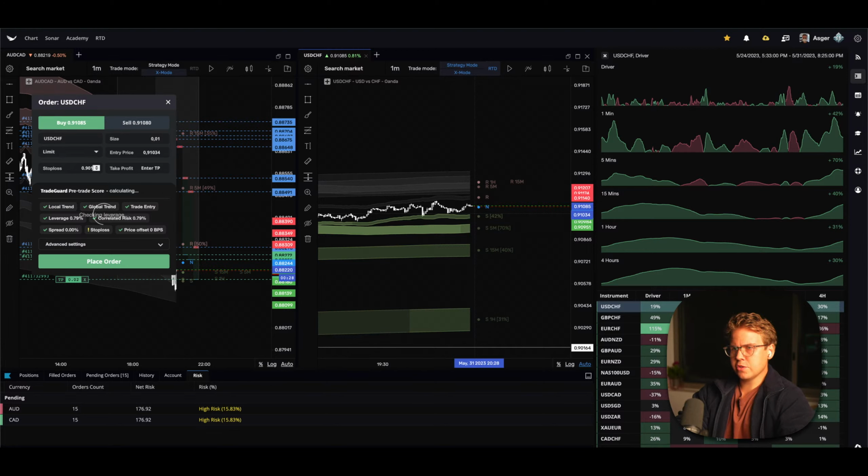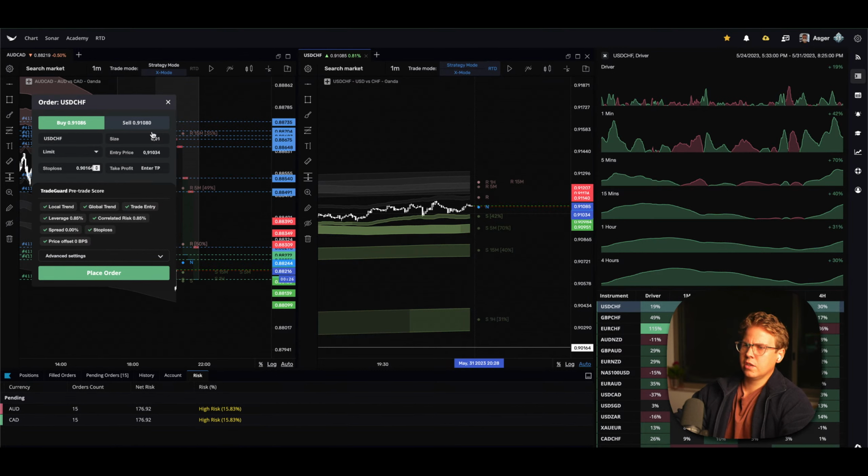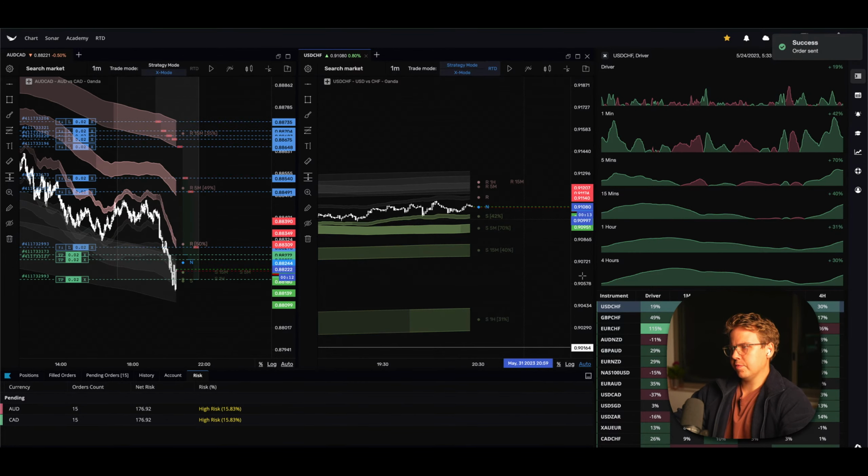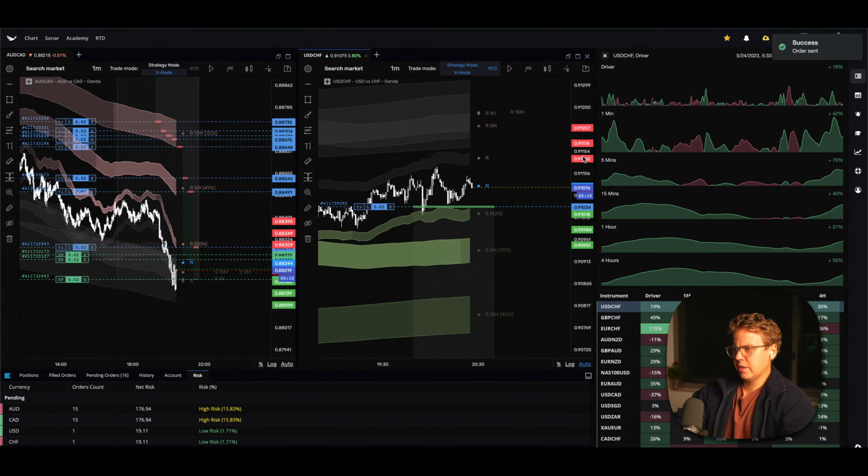Put in the stop loss here first, and then I will change the size value until I get something I'm comfortable with. I'm just gonna do 0.02. That's fine. Then I'm gonna do the same here.